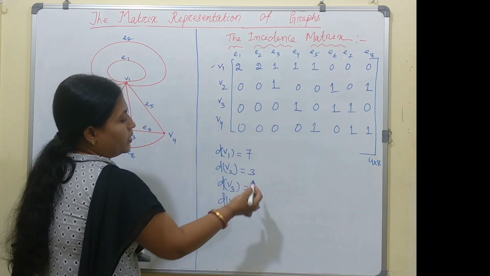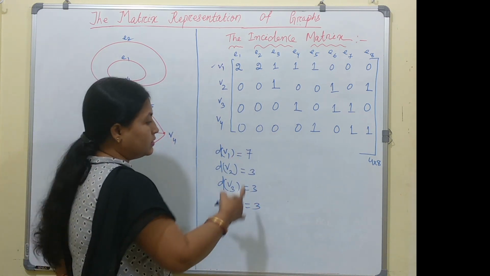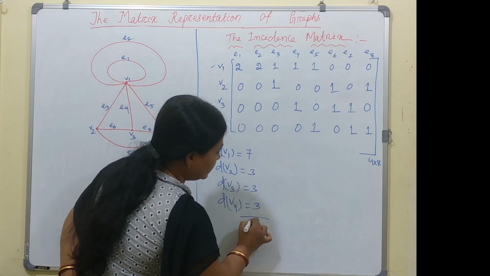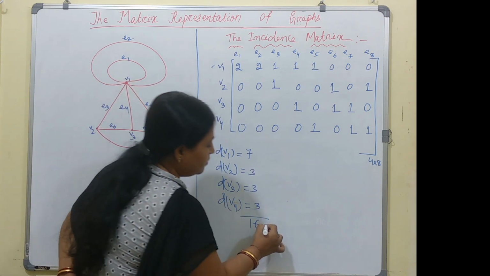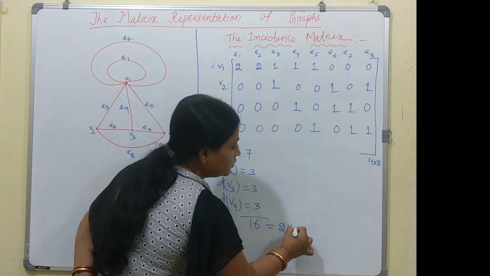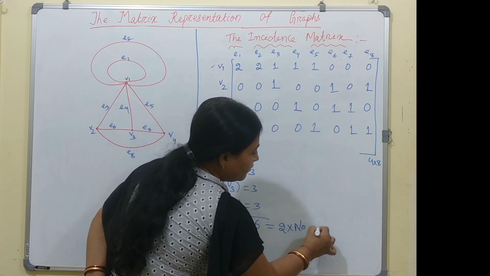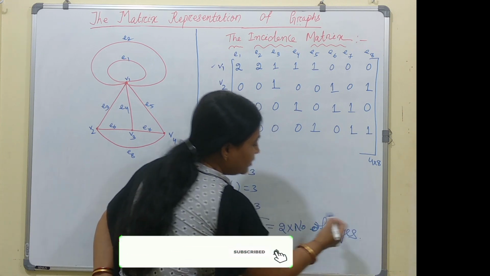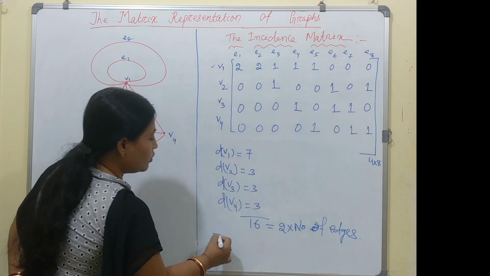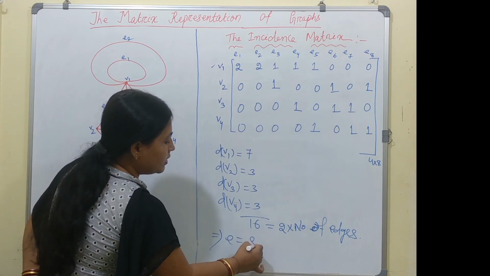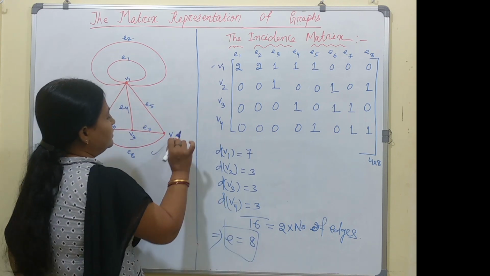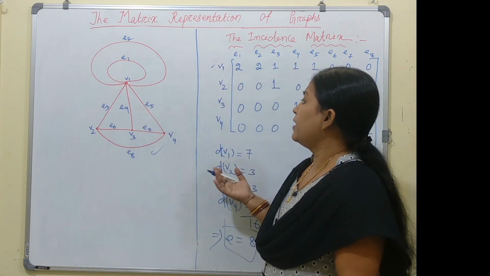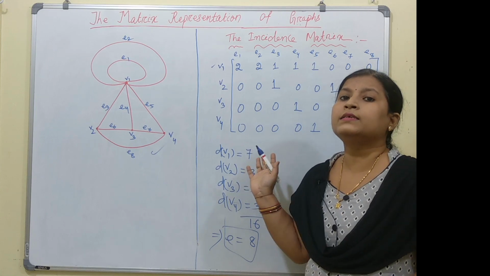When we add these degrees, 7 plus 3 is 10, 10 plus 6 is 16. 16 means 2 times the number of edges. We have already discussed this formula. So here we get 8 edges. So now we get our incidence matrix.